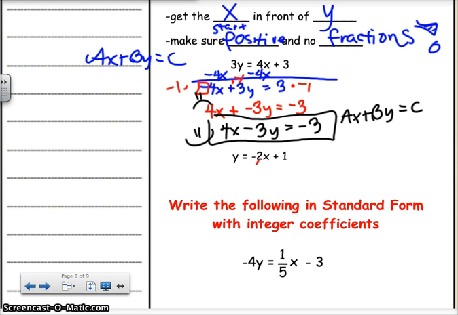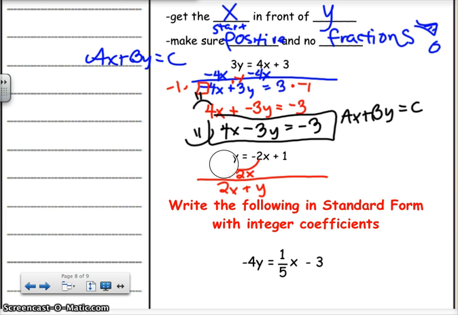So, I want this over there in front of the y. If that's a minus 2, in order to move it, I'm going to add 2x. This turns into 2x plus y.